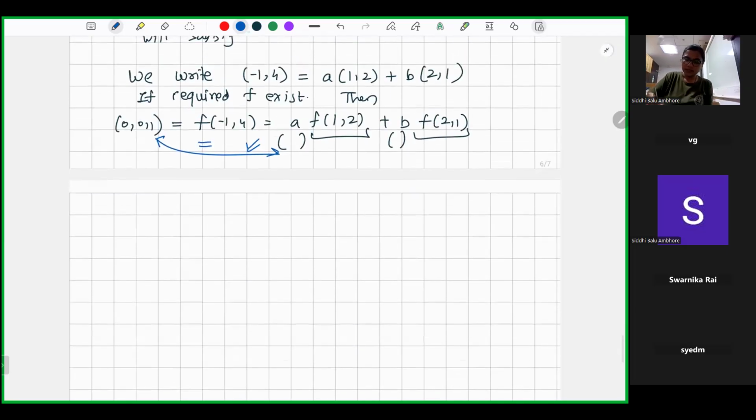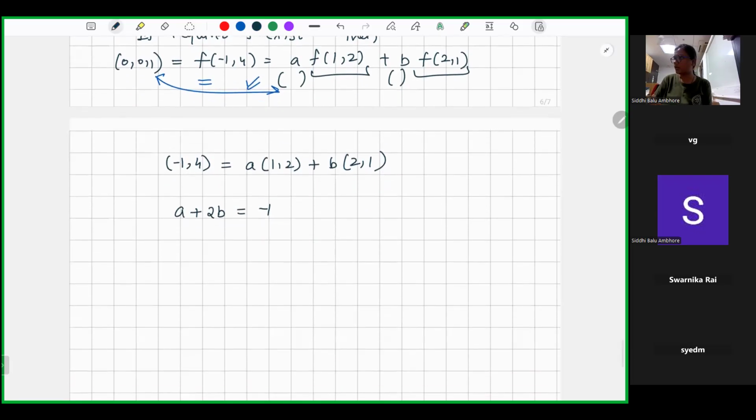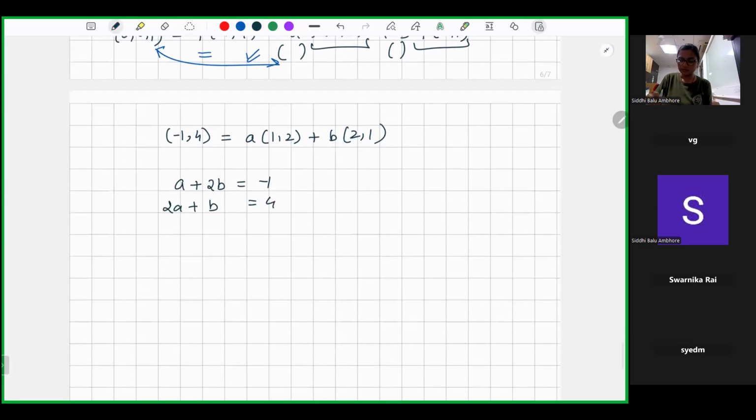So what is given here? I want to find this linear combination. If I compare coordinate-wise, this is a + 2b = -1, right? And 2a + b = 4.